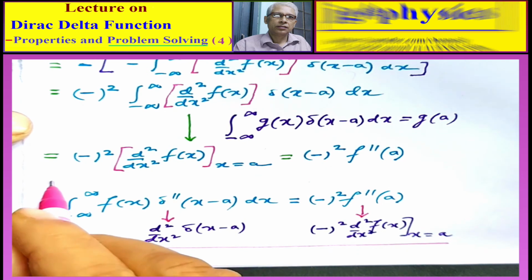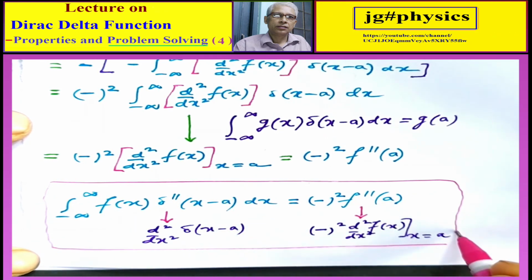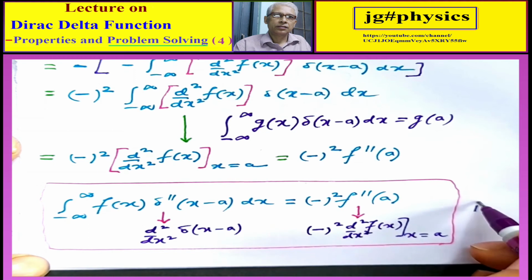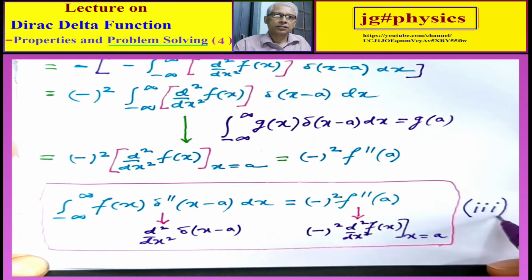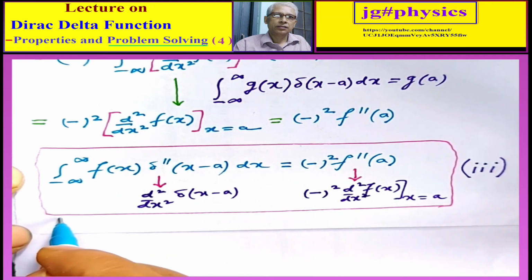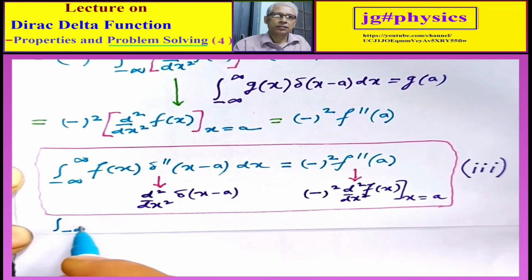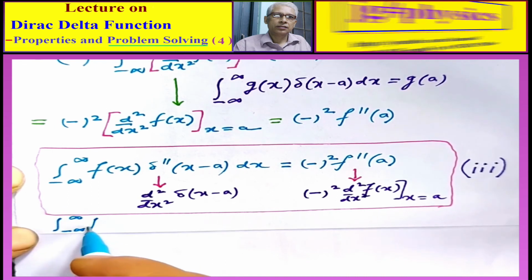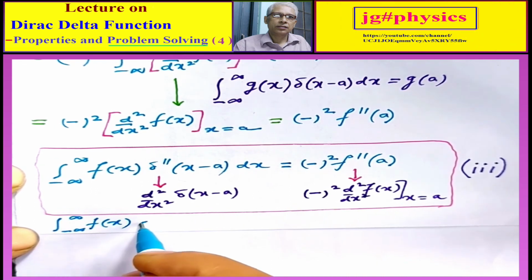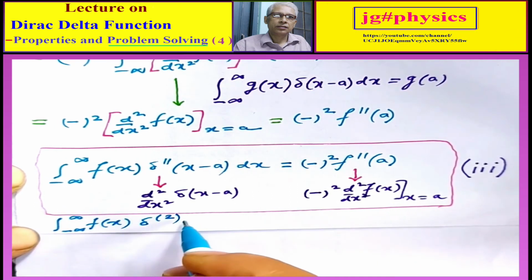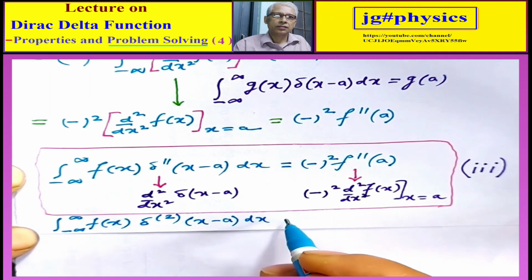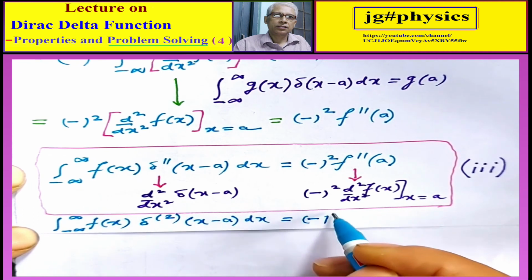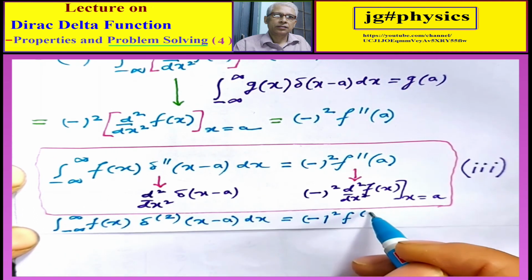So this is what we were asked to show in question 3, and let us rewrite this relation using the notation that 2 in the first bracket written as a superscript means second derivative.